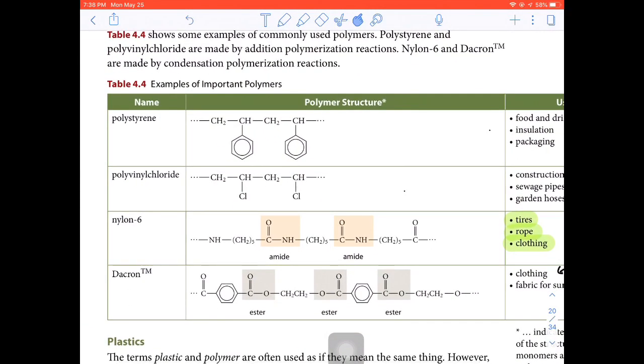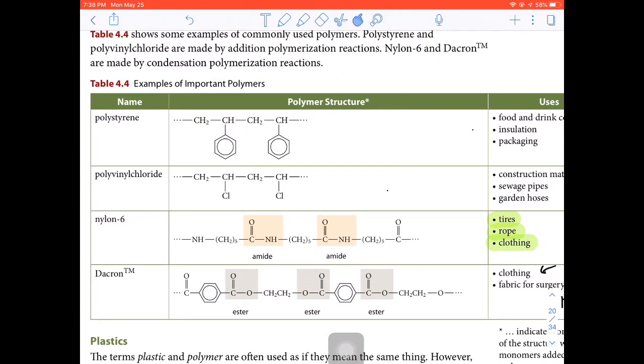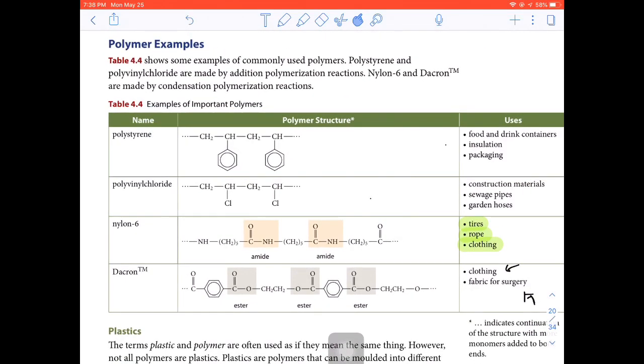Now, today I want to talk just quickly about a few polymers. The first one is called polystyrene.